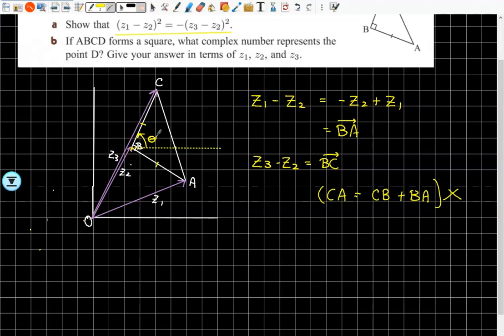So therefore, Z3 take Z2, which is BC, would we agree that this, and what shall we call the modulus? We don't know what it is. What do you want to call it? A, B, C, R? R. R cis theta. Are we happy with that?